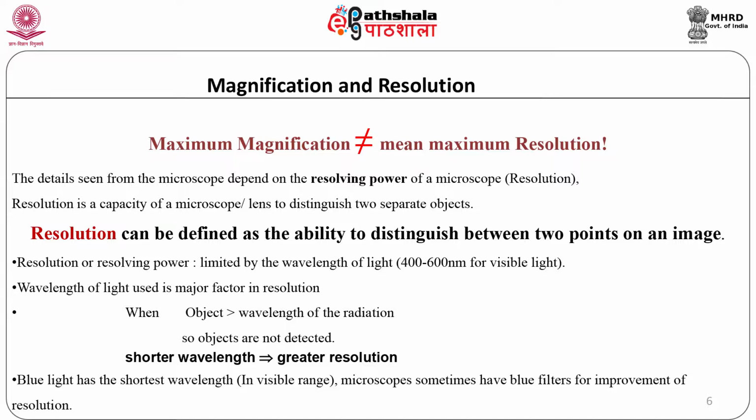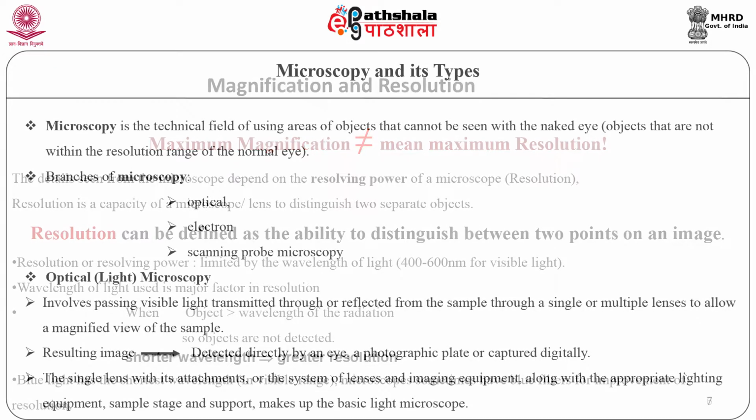To improve the resolution, a shorter wavelength of light is needed. As in the visible range, blue light has the shortest wavelength, microscopes sometimes have blue filters for improvement of resolution. Wavelength of light is used as a major factor in the resolution. The shorter the wavelength, the greater will be the resolution.